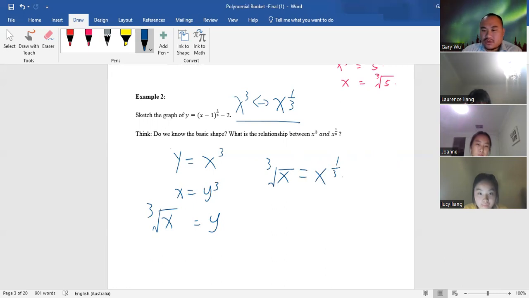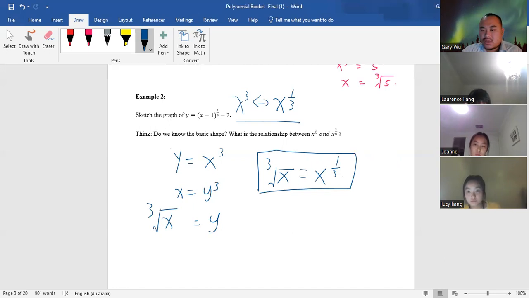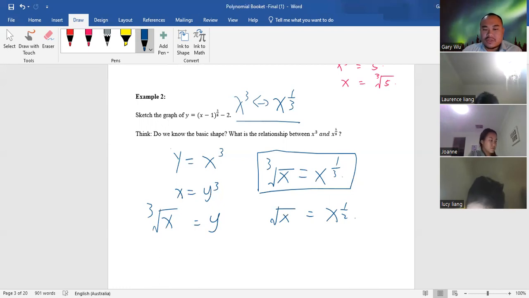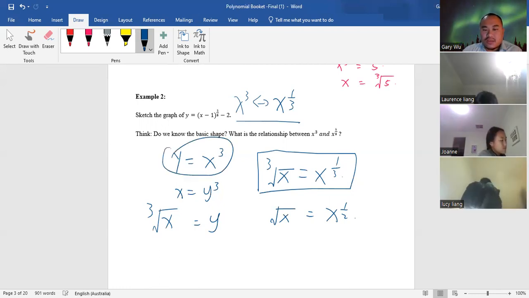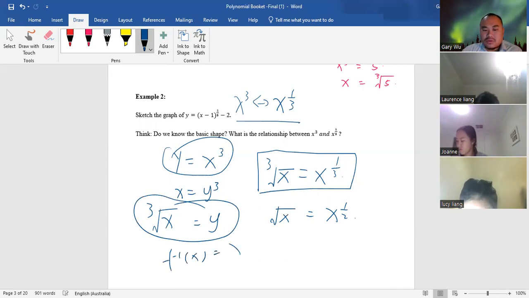Raise your hand if you knew this previously. Yeah, cool. So this one equal to x to the power 1/3, something like that. Okay, so this one and this one are inverse functions.